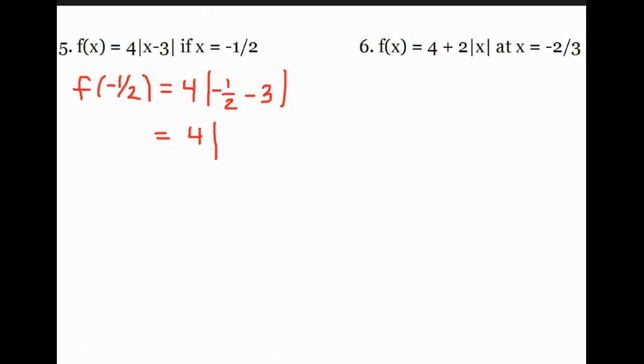Three minus a half is -3.5. But the absolute value of that is positive 3.5, and 4 times 3.5. Good, Dominique? Good.